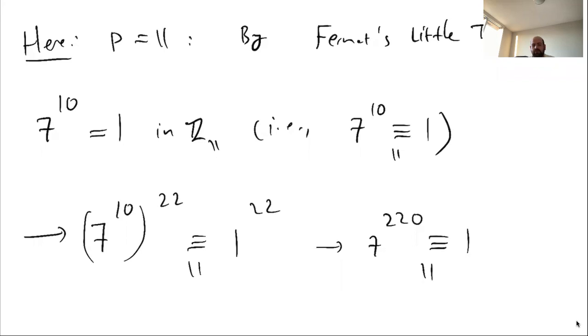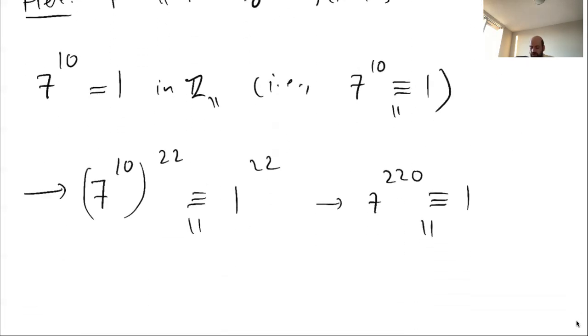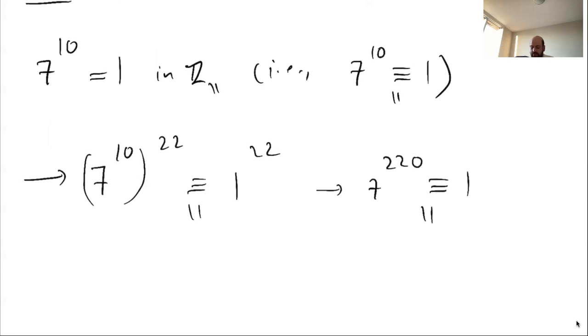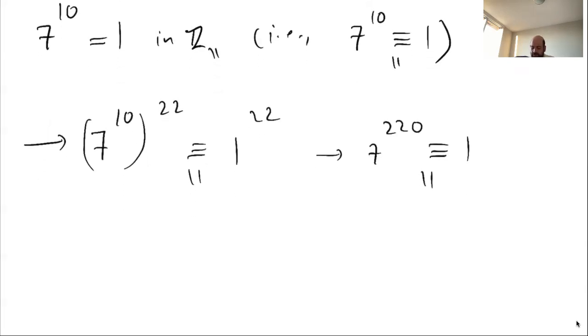So 7 to the power 220 is congruent to 1 mod 11. What do I need? I need 7 to the power 222. What do I have? 7 to the power 220. So I just need 2 more powers of 7. If I multiply both sides by 7 squared, I get 7 to the power 222 congruent to 7 squared mod 11.